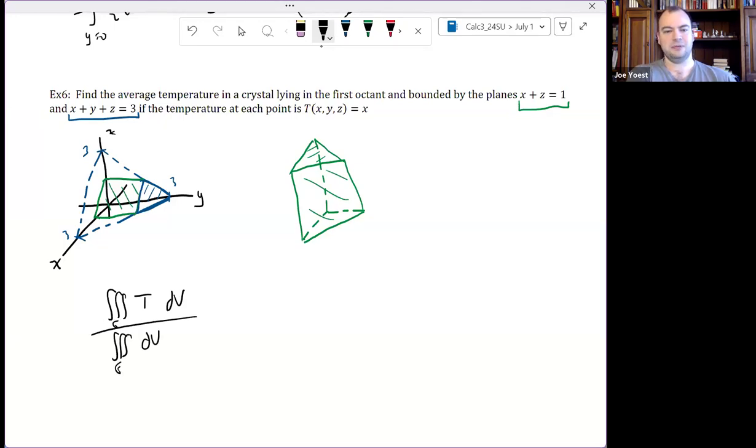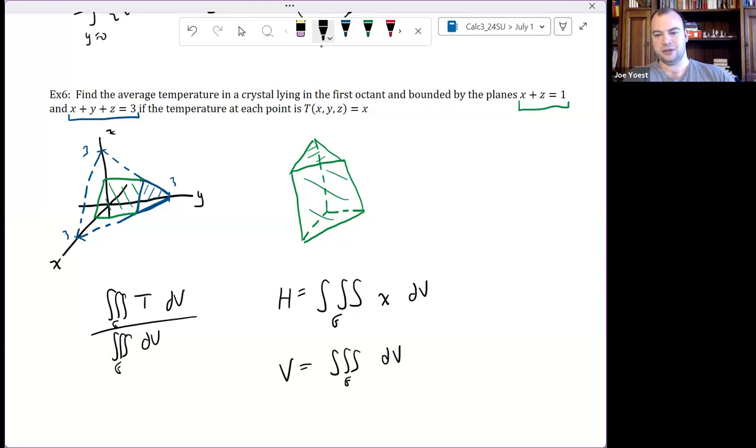We'll call this region E. So if I go through the trouble of setting up my region and my three integrals carefully, I can use the same work twice here. So I need to find H, the integral of x dV, and then volume, the integral of just 1 dV. And then I take their ratio.